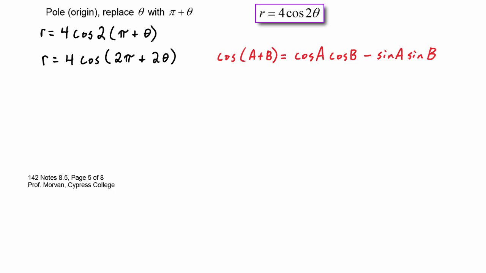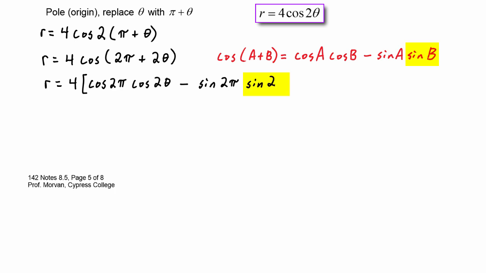Working that into our equation, we get that r is equal to 4 times the quantity cosine of 2 pi times the cosine of 2 theta minus sine of 2 pi times the sine of 2 theta.